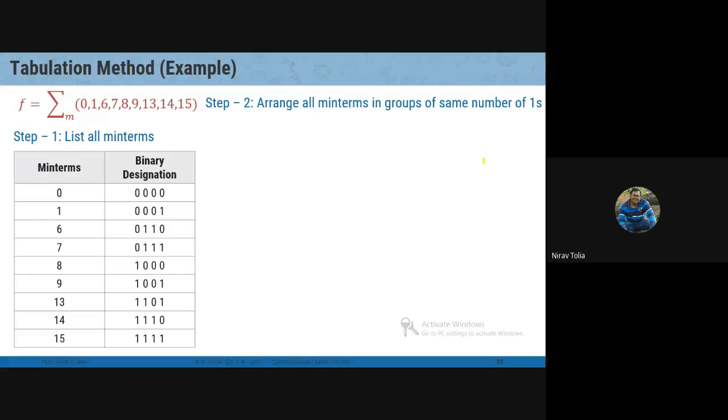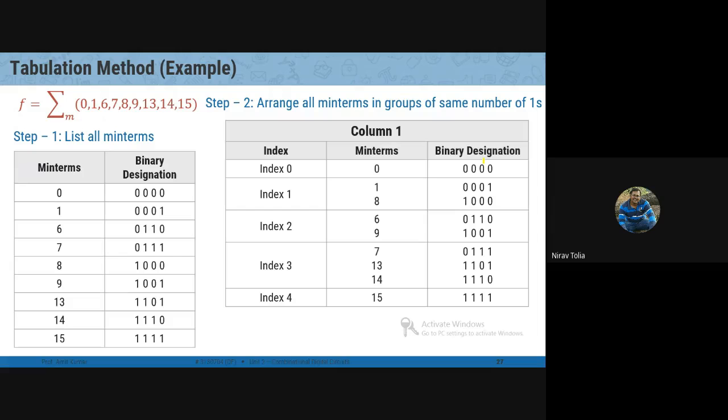Then we have to arrange this in a group 1. So in column 1, we have to arrange all these given min terms index wise, and in index wise we have to count the number of ones available in the binary form.